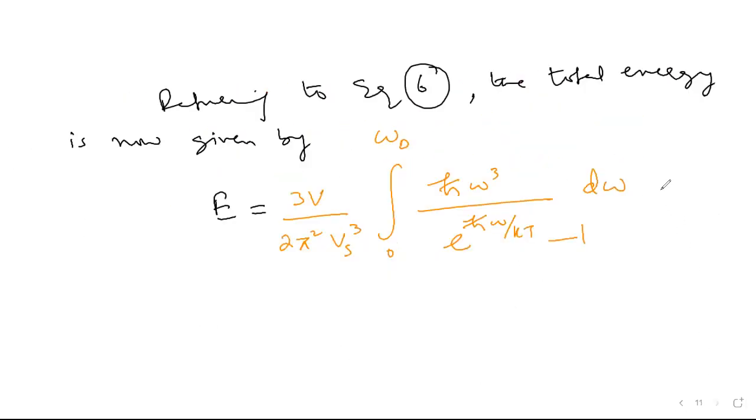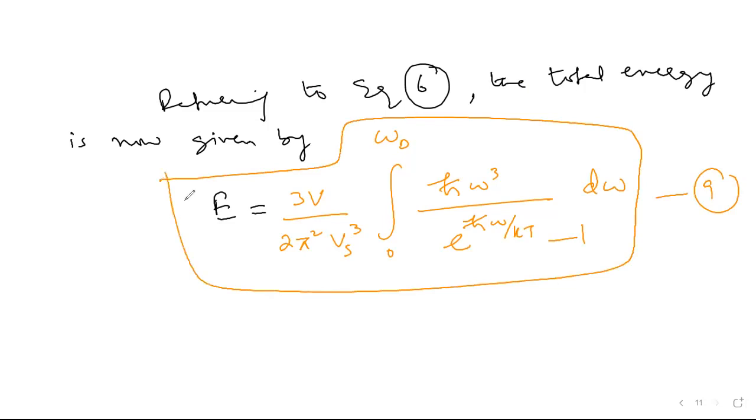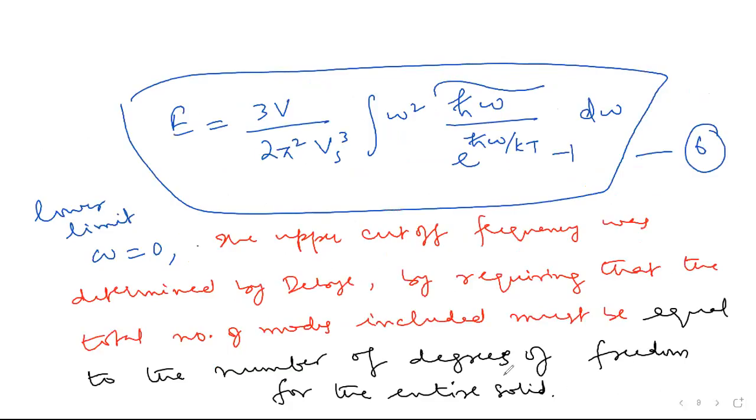This is my equation 9. Let me encircle it. This is simply equation 6 with limits, right? But as we said, we cannot solve equation 6 for total energy without limits. Limits were decided. 0 is the lower limit and the upper limit is ω_D, the Debye frequency, right?